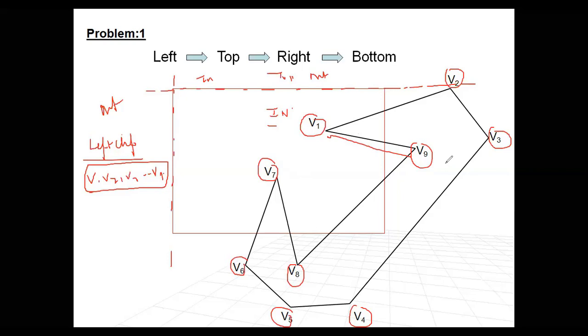So all the vertices are saved one after another. The polygon will remain the same, because after storing the vertices, we draw the lines from these vertices, V1 to V2, V3, and so on. So the polygon will remain the same after left clipping and top clipping. This resultant figure will be passed on to the next clipper, that is right.